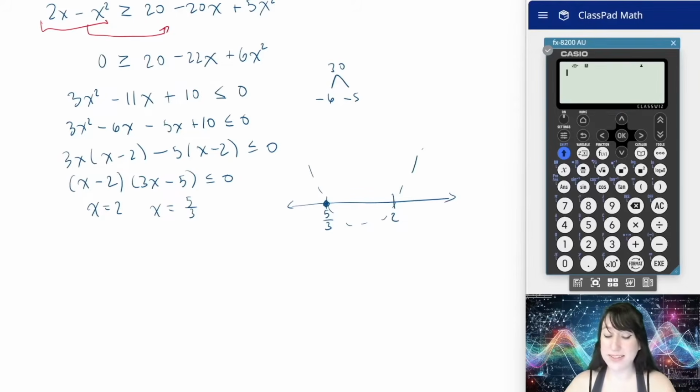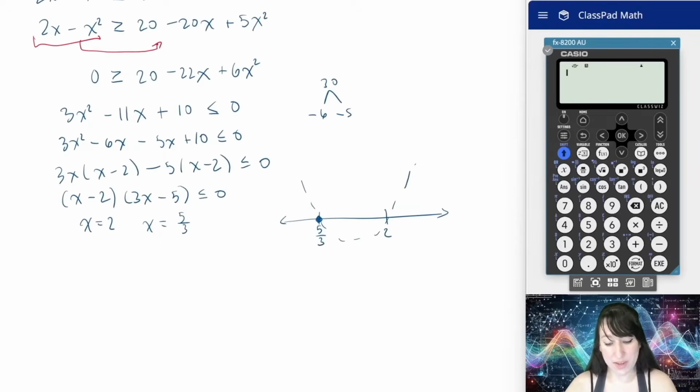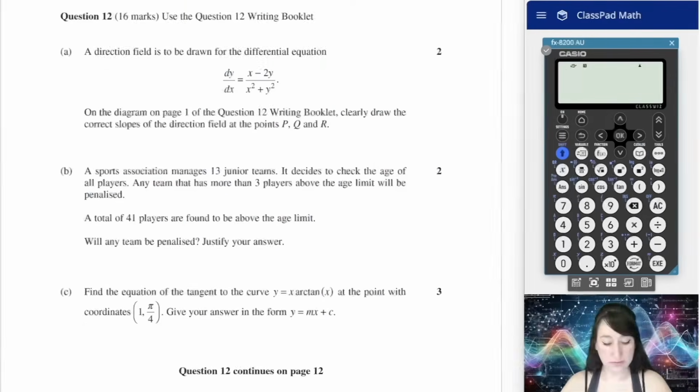Now, it does say less than or equal to 0, but don't forget what we said to ourselves, that x cannot equal 2. So we'll change that part to an open circle, and we have the middle. So in inequality form, 5/3 is less than or equal to x is less than 2, or in interval form, square bracket 5/3 to 2, round bracket.